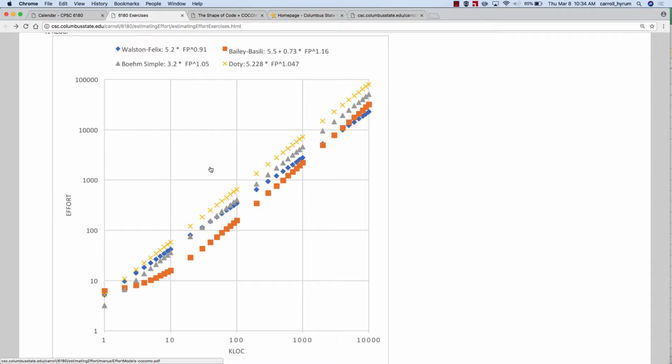Even with the overhead of larger projects, the effort is lower. So this says the effort actually decreases per 1,000 lines of code as it gets larger.